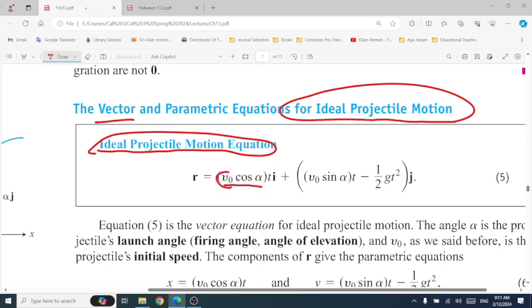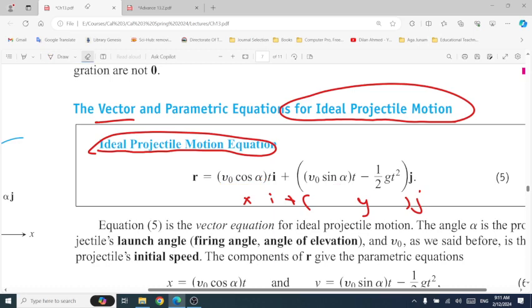We have V naught and the angle, of course. And how about this one? We have I plus something J. Like X and like Y. X is equal to V naught cosine alpha.